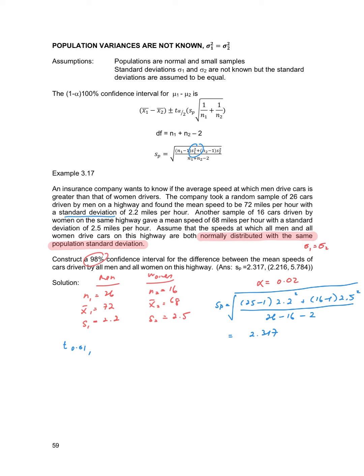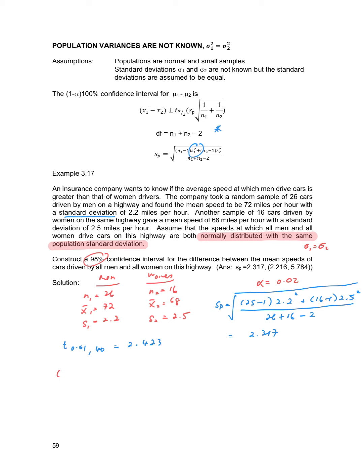For the case where variances are equal, the degree of freedom is n1 plus n2 minus 2, so 26, sorry, this one is plus. 26 plus 16 minus 2, we get the degree of freedom is 40. So looking at table 7, we get the critical value is 2.423.